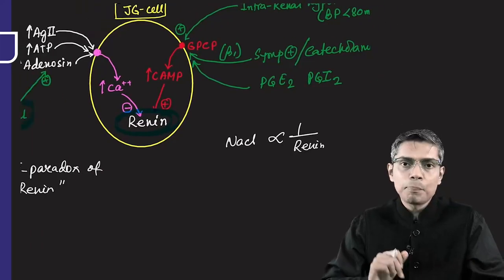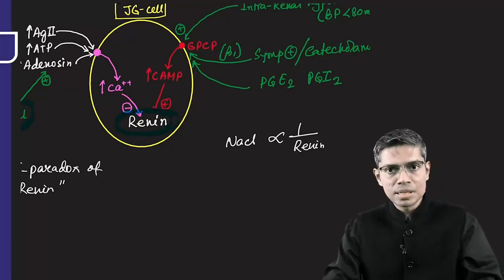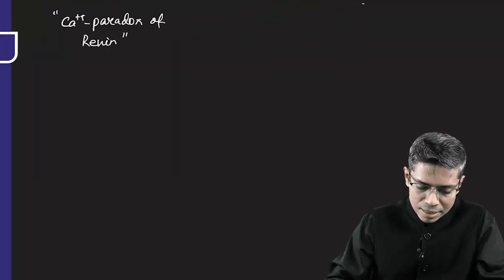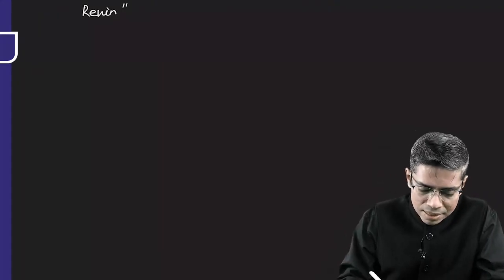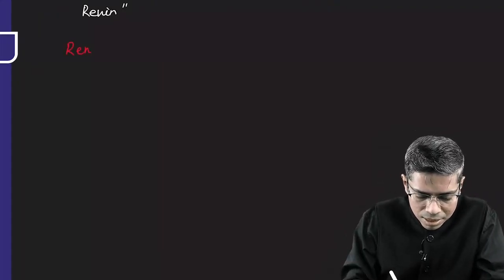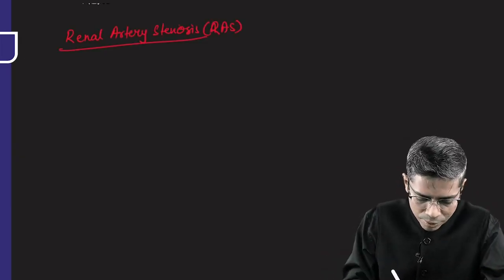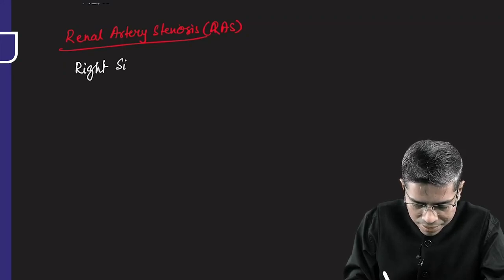Now I will give you an applied aspect of this JG cell mechanism so that you remember these inhibitors or stimulators in a better way. Okay, the applied one is the very common clinical scenario, that is nothing but renal artery stenosis. So suppose one person is suffering from renal artery stenosis on the right side.